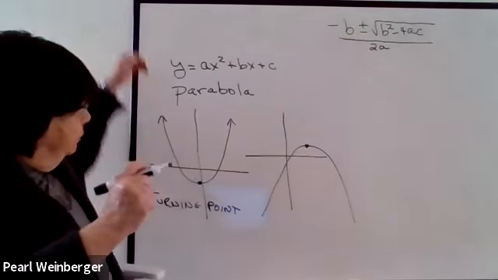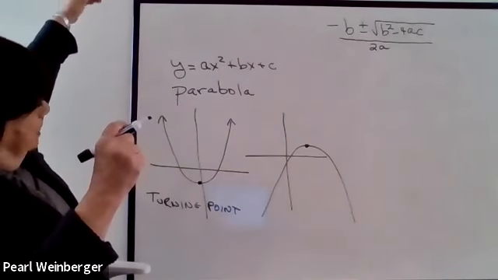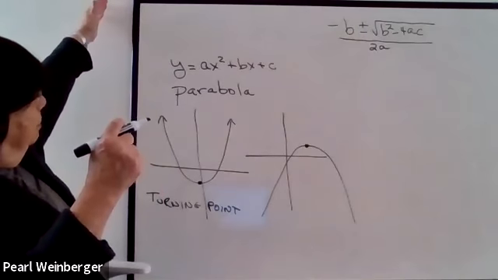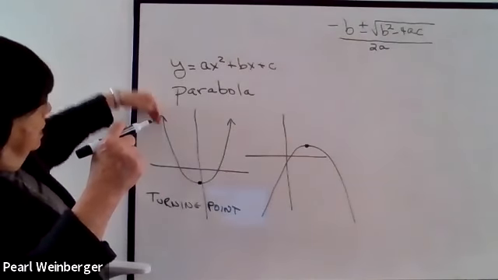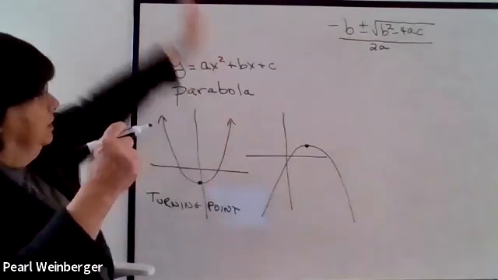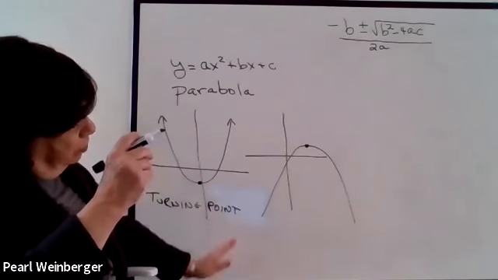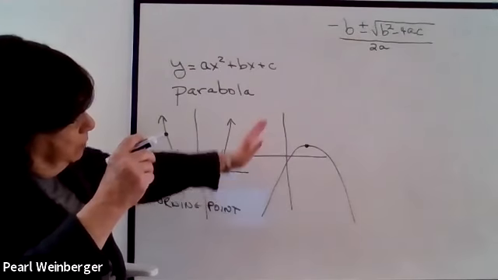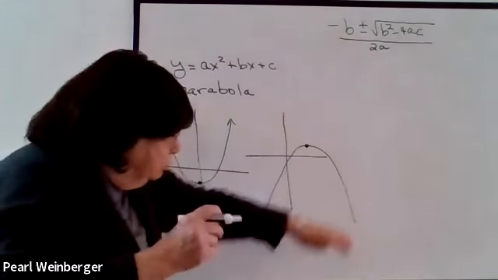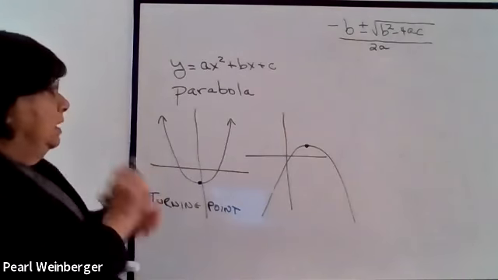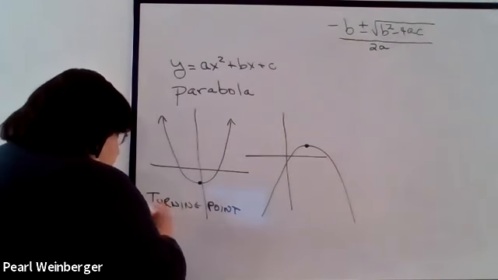And this curve either can start over here on the left side going down until it comes around to here and then starts going up. Or vice versa, it can start all the way at the bottom and go up, up, up until it gets to this point and turns around. Another name for that point is also called the vertex.